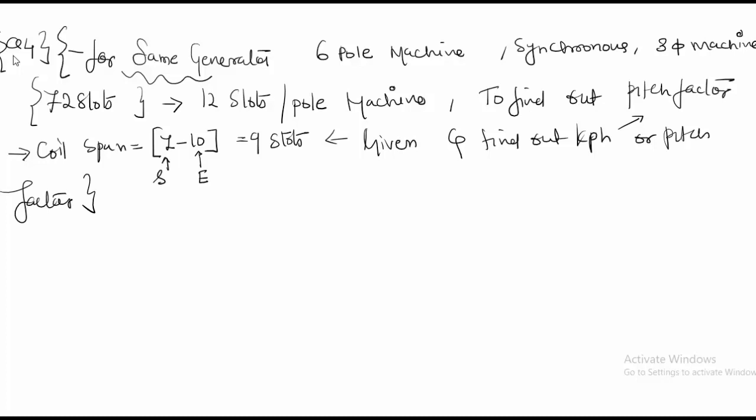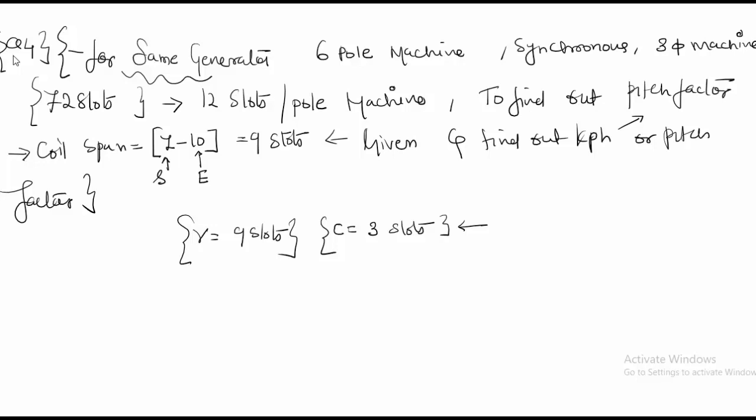So based on my coil span gamma, I'm considering gamma is equal to my coil span, which is equal to 9 slots, and how much my slots fall short, if I'm considering C is equal to 3 slots, this is the amount by which my slots fall short.